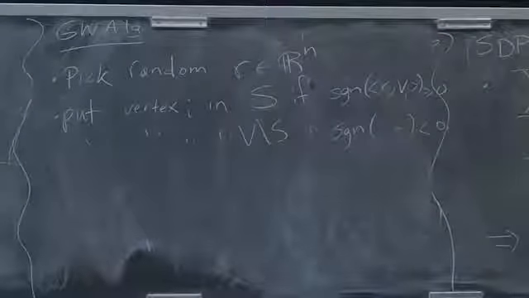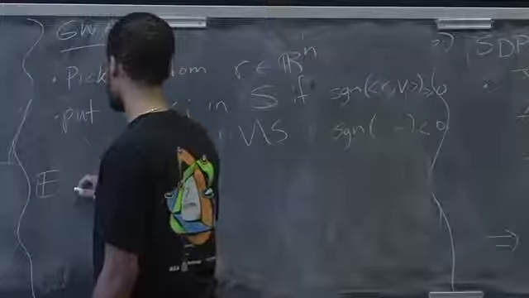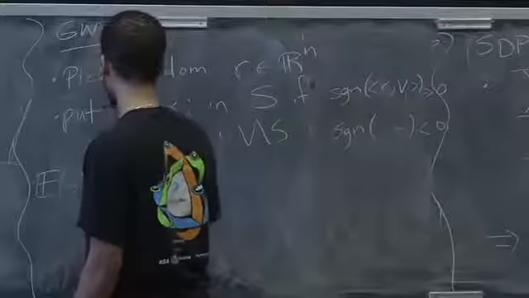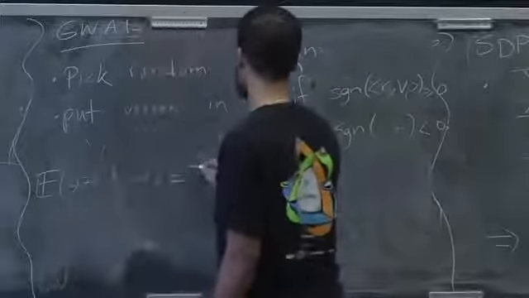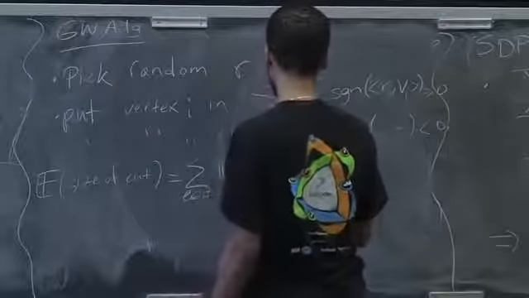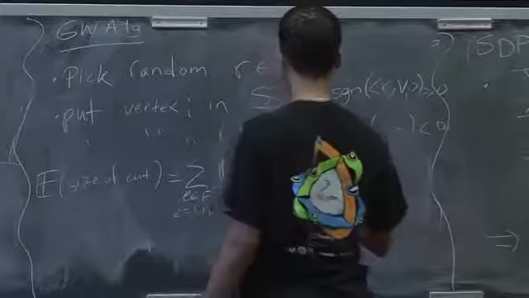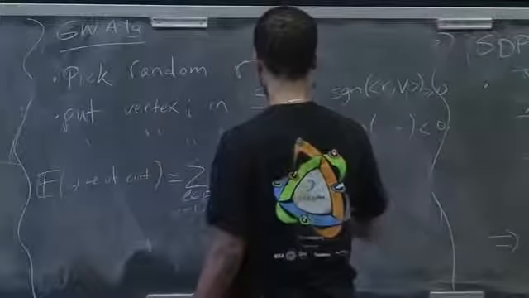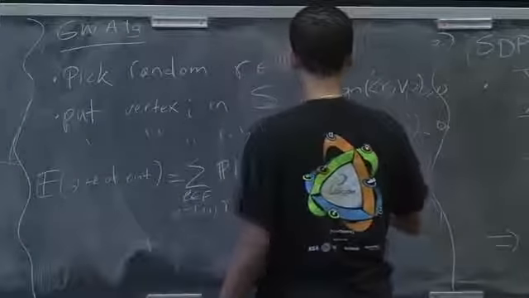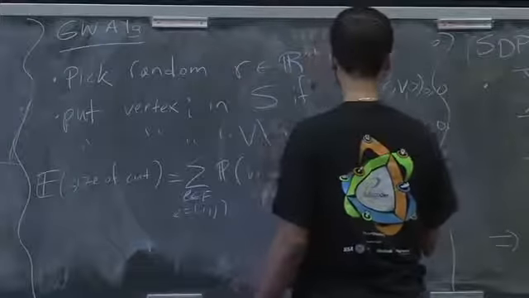Okay. So now, in the last minute, what's the expected size of the cut by doing this? This is just the sum over edges in E of the probability that, let's say E is ij, vi and vj are on opposite sides of r.